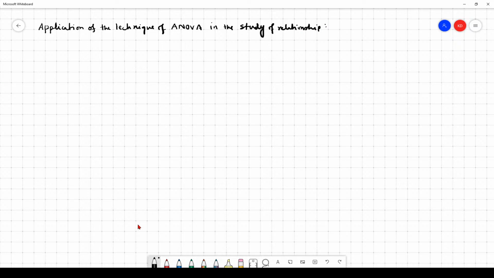First, consider a test for the relationship between two variables.